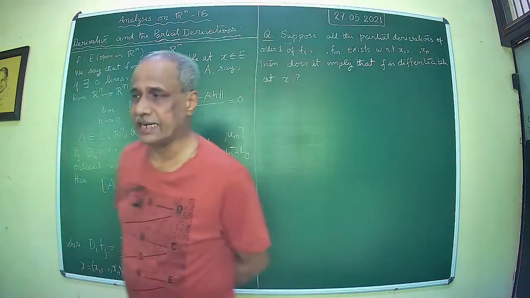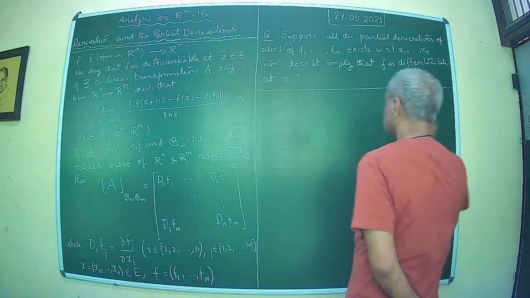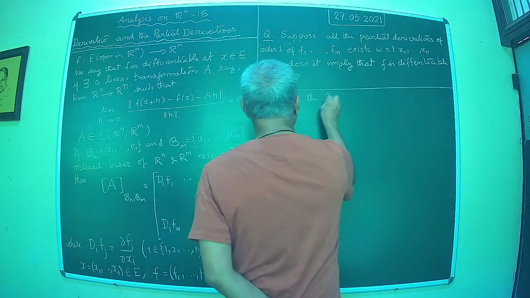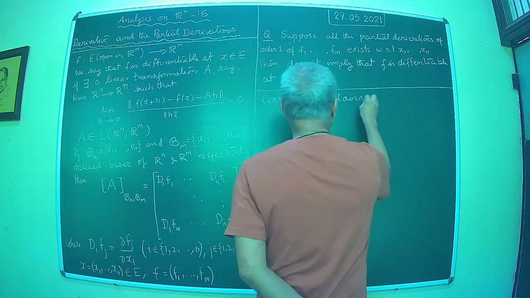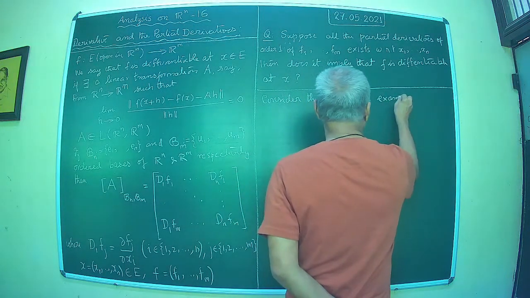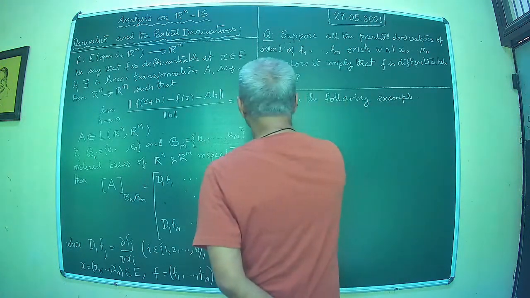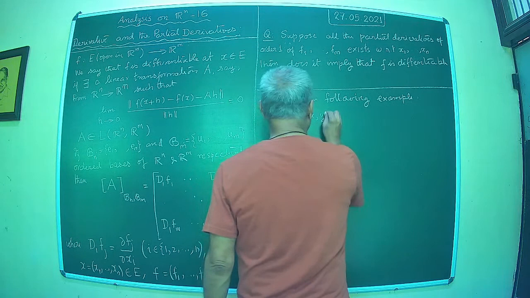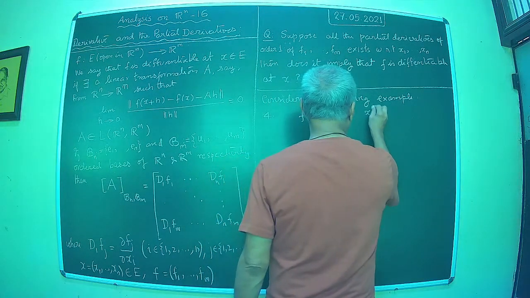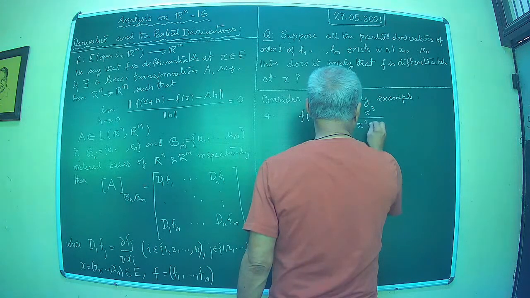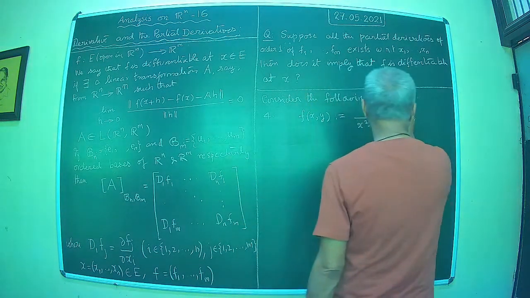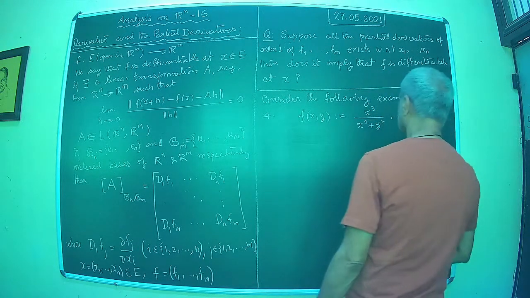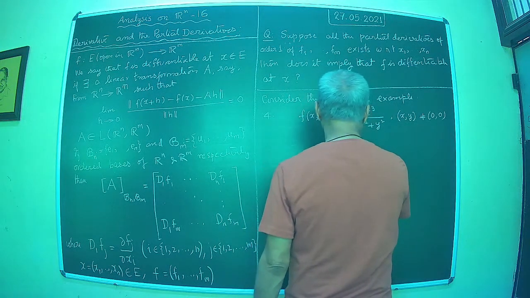Now to investigate this question, we will look at an example. So this is the fourth one that we are considering. F of (x, y) is defined as x cube divided by x square plus y square for (x, y) not equal to (0, 0), and this is equal to 0 at (0, 0).